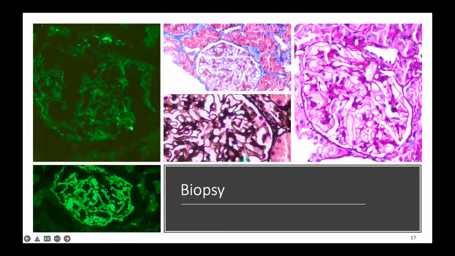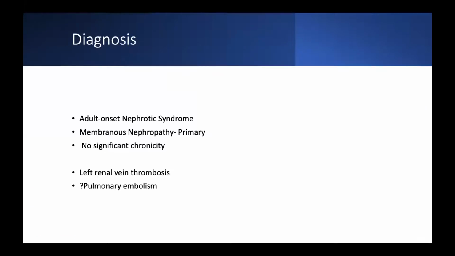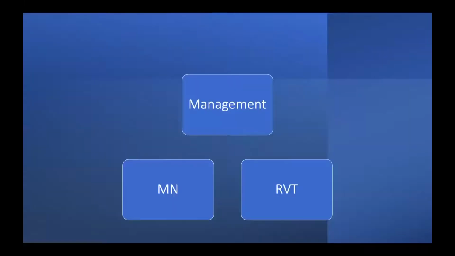And IF was positive for IgG and faintly positive for C3. So the diagnosis here is pretty clear: adult onset nephrotic syndrome with membranous nephropathy, no significant chronicity, and the patient had left renal vein thrombosis and probably pulmonary embolism.